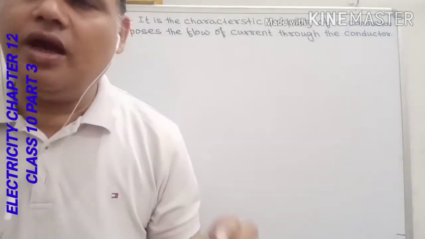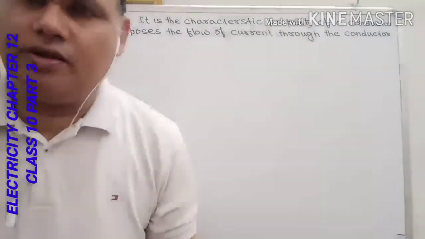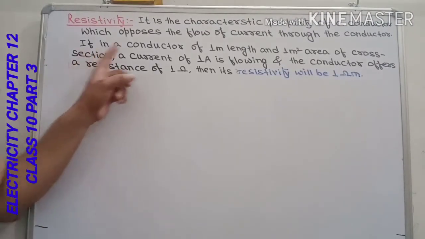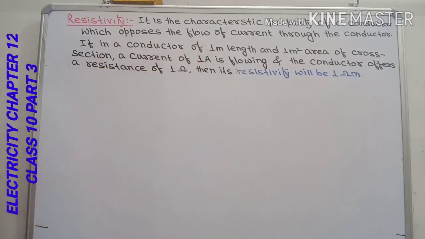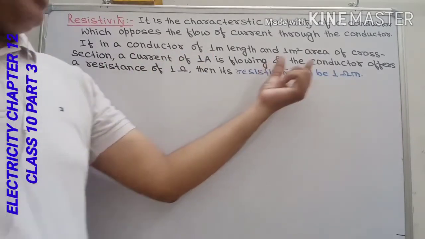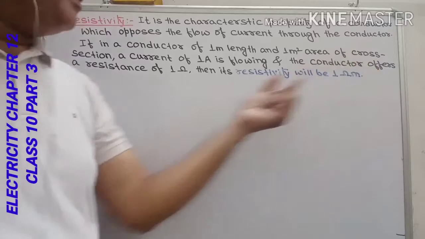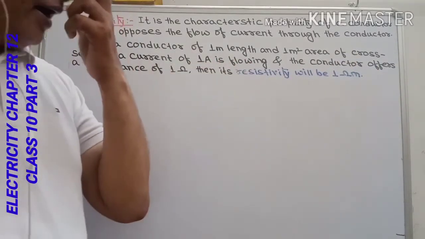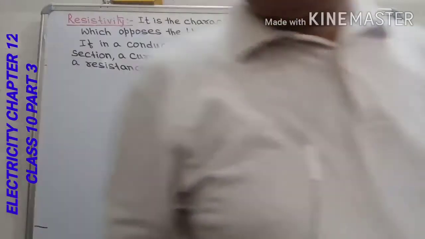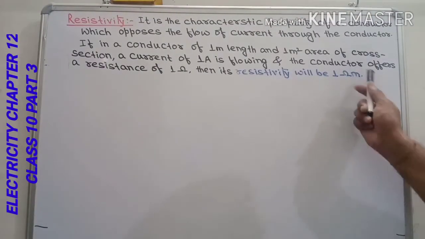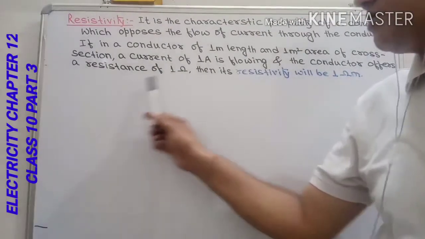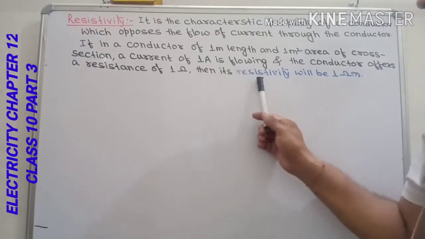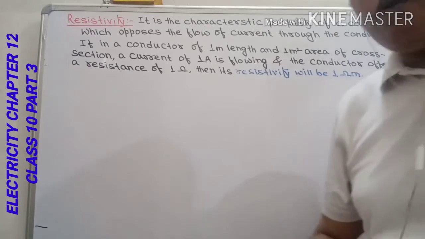Now we will see how it comes out to be. That is, if in a conductor of 1 meter length and 1 square meter area of cross section, a current of 1 ampere is flowing and the conductor offers a resistance of only 1 ohm, then its resistivity will be 1 ohm meter.